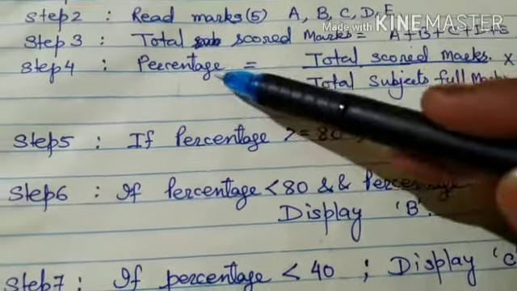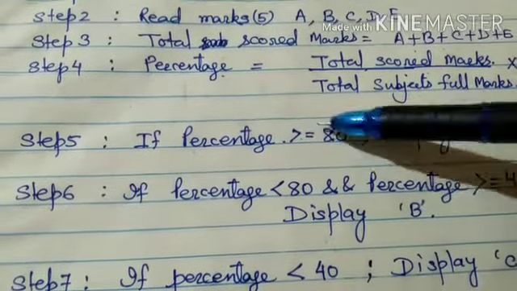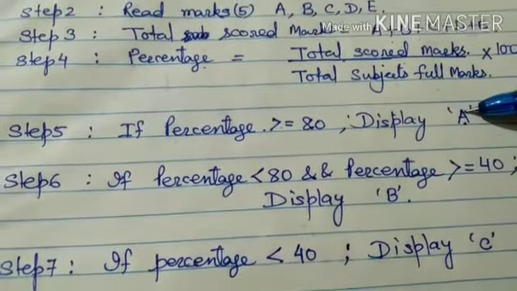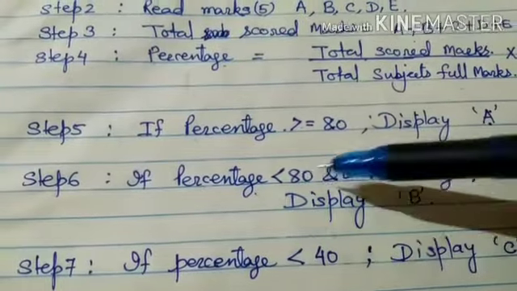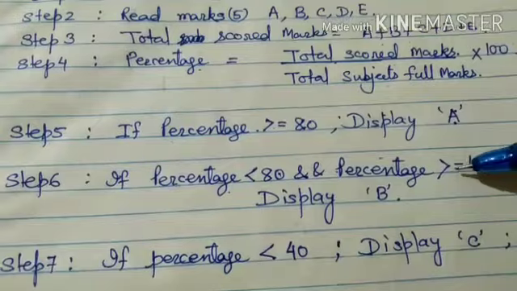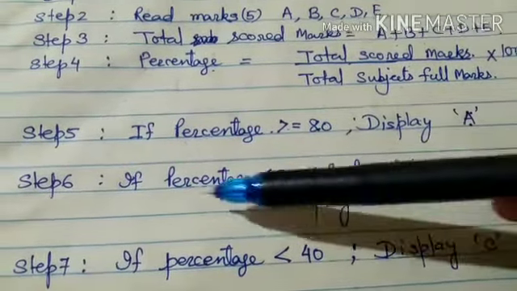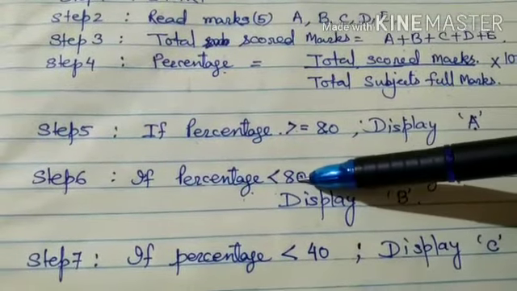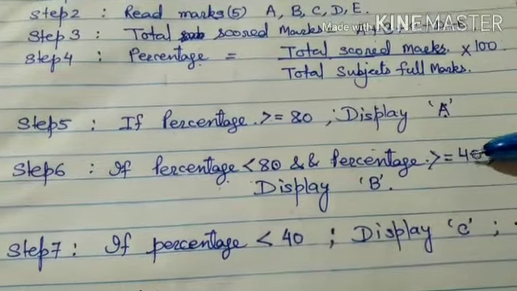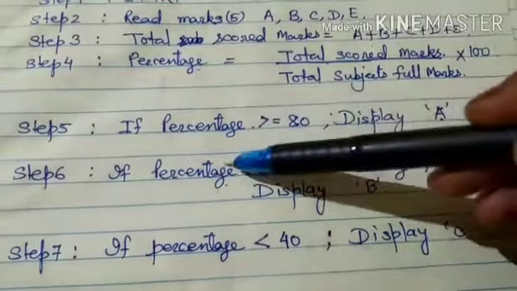Then after that, if percentage is greater than or equal to 80, it has to display A, means A grade. Similarly, if percentage is less than 80 and percentage is greater than or equal to 40, means the range is 40 to 79.